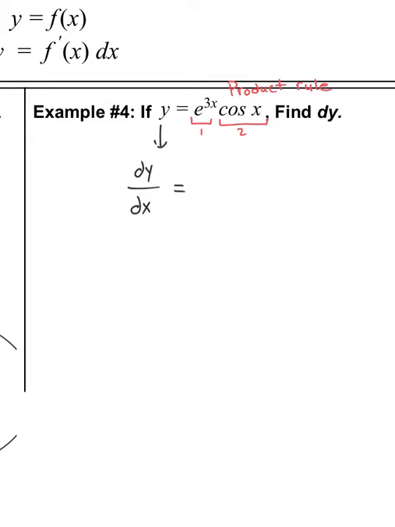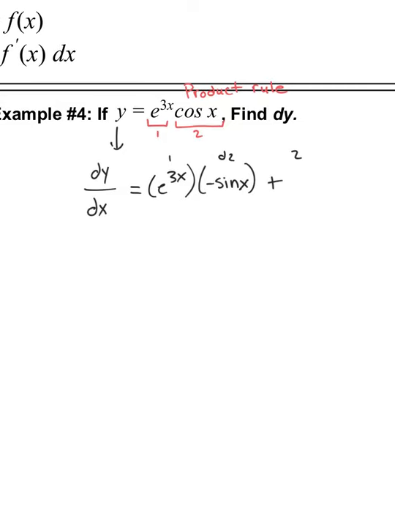The first function as is, e to the 3x. The derivative of the second function, the derivative of the cosine, is negative sine of x. So there is 1d2. Now we come back with the second function as is, the cosine of x.